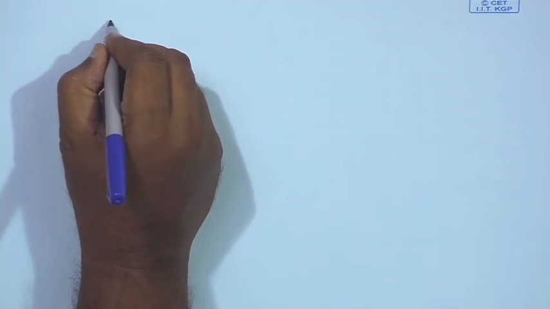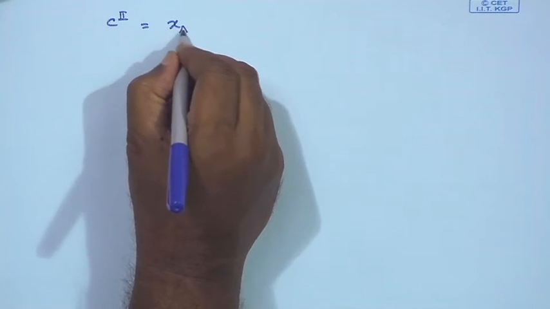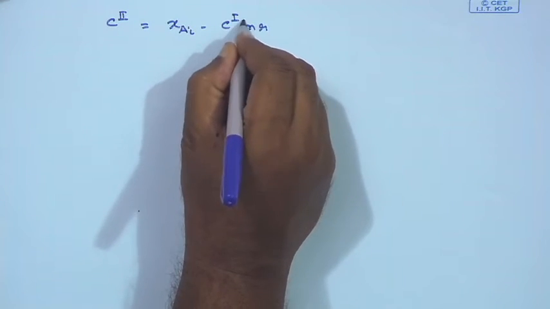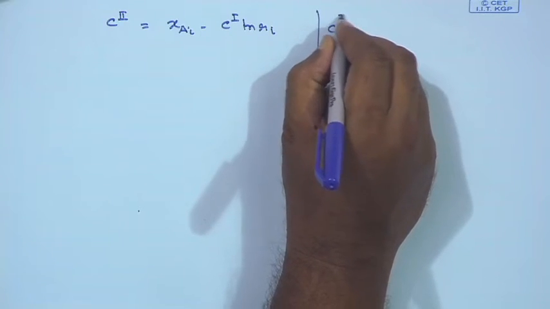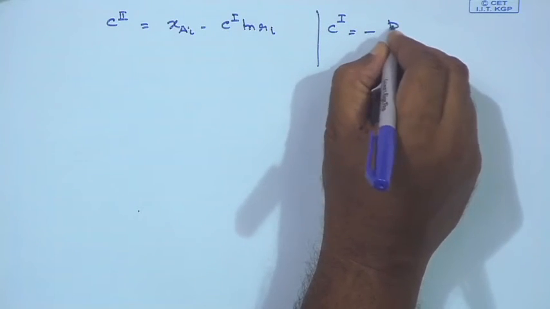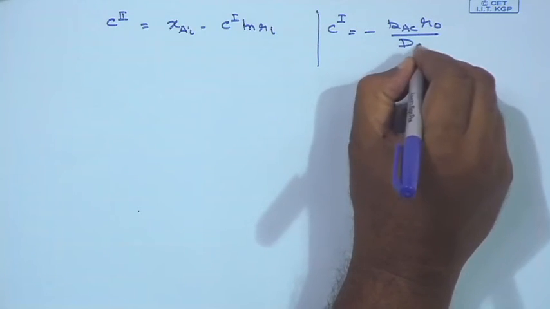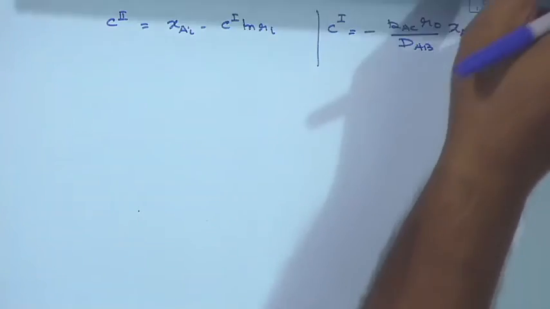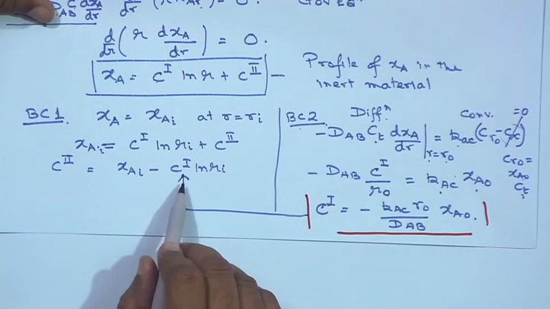So, I write C2 once again as xAI minus C1 ln rI, and I have already obtained C1 to be equals minus Kac r naught by DAB times xA0.